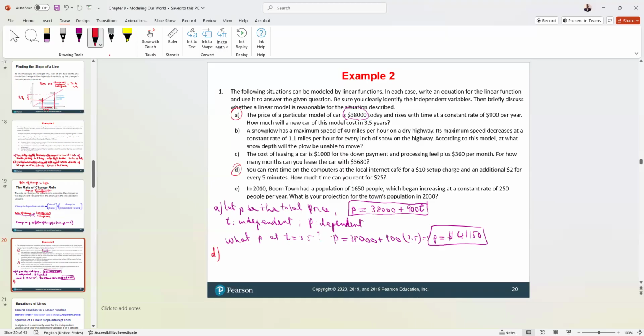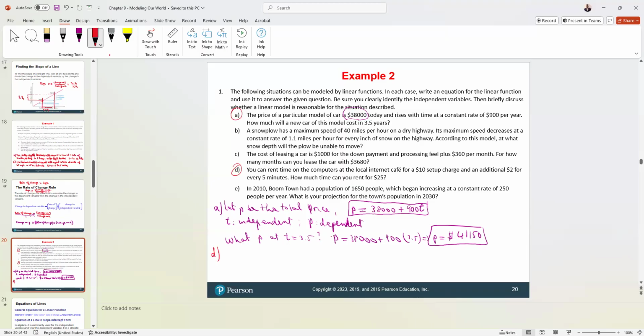You can rent time on the computer at a local internet cafe for a $10 setup charge and an additional $2 for every 5 minutes.